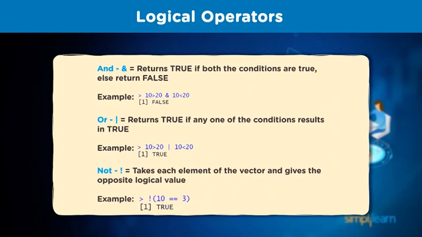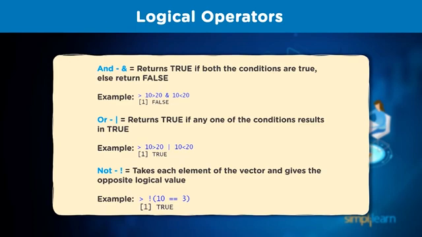So and is when it compares two values. So it returns true if both the conditions are true, else it will return a false. So for example, if I have 10 greater than 20 and 10 is less than 20, now that's not possible. And we are comparing the result of both of these. So we are checking if both the conditions are true, and that's not really true here.